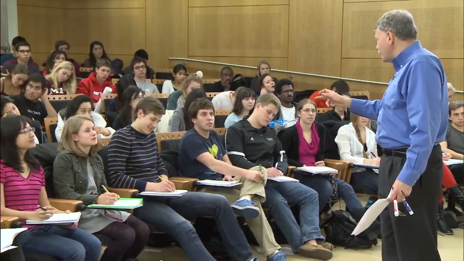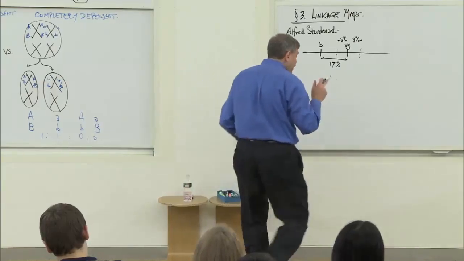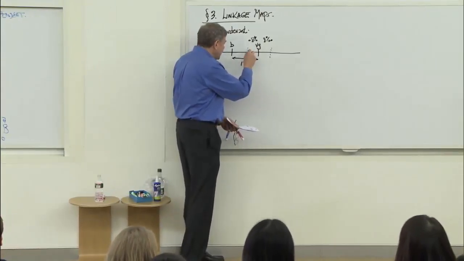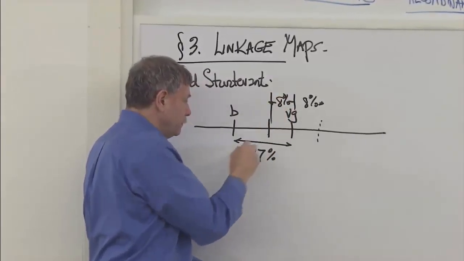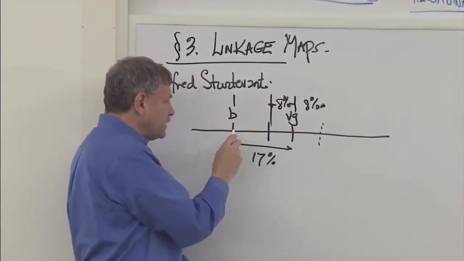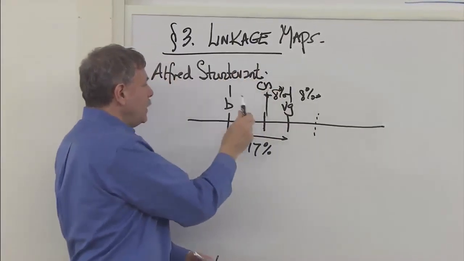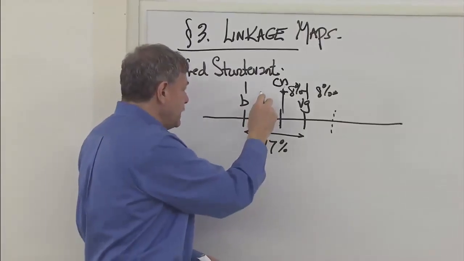For the first time in all this stuff, we're hearing some testable predictions. If it's over here on the left, and it's 8% away, what should the distance be? We'll call that cinnabar, because that's what it was. What should the distance be between black and cinnabar? It should be 9%.